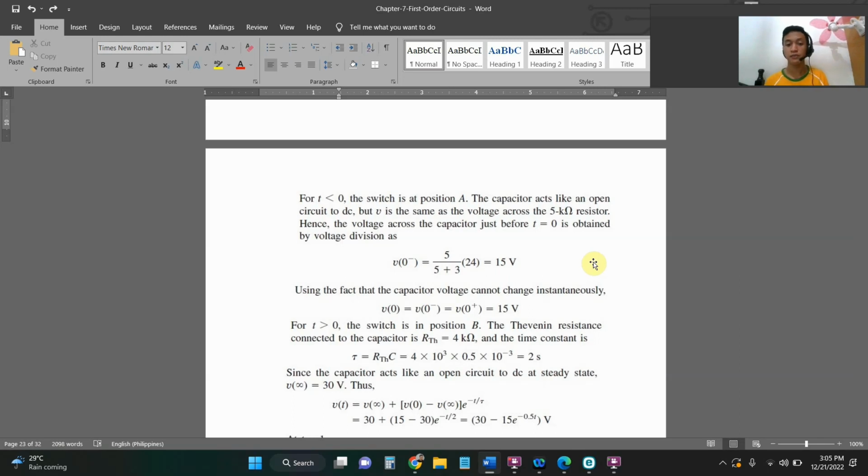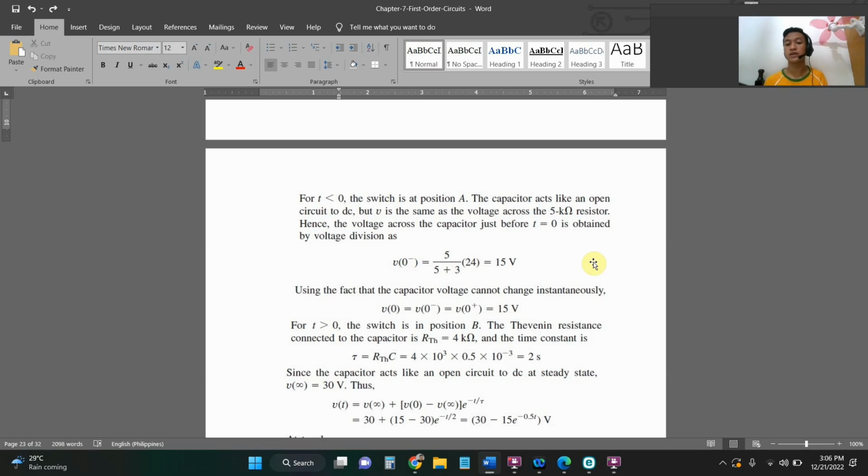And the time constant, since we are talking about a capacitor, is tau equals RC. So we have R_TH of 4 times 10 to the 3, since it is kilo ohms, multiplied by 0.5 times 10 to the negative 3. In that way we can get the time constant of 2 seconds.